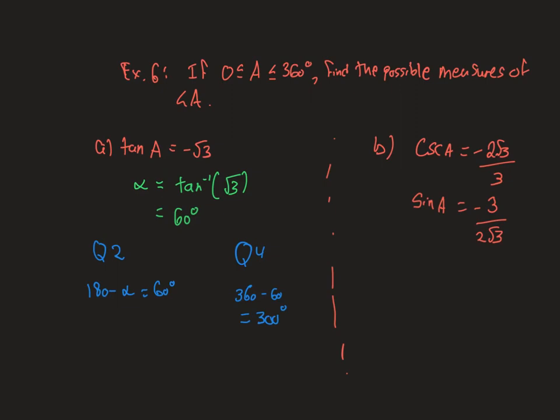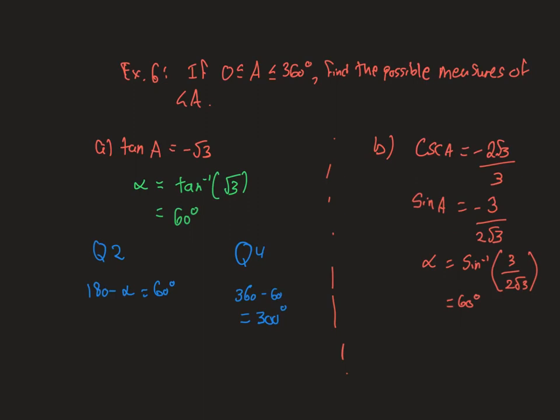So now that I know that, you follow the same steps we did before. Gamma is going to be sine inverse of 3 over 2 root 3. Again, you don't care about the negative right now, which is going to give you 60 degrees. Now you care about the negative. The negative tells me what? We're talking about sine here. Sine is only going to be negative in the third and fourth quadrant.